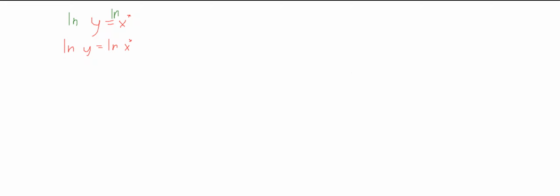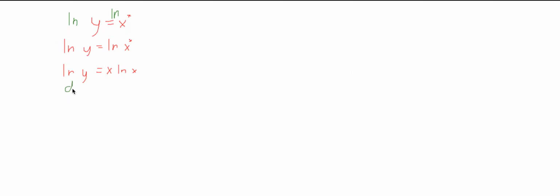And now what we want to do before taking the derivative on the right side is move the x forward. So that will be ln y equals x times the ln of x. And then what you want to do is take the derivative.